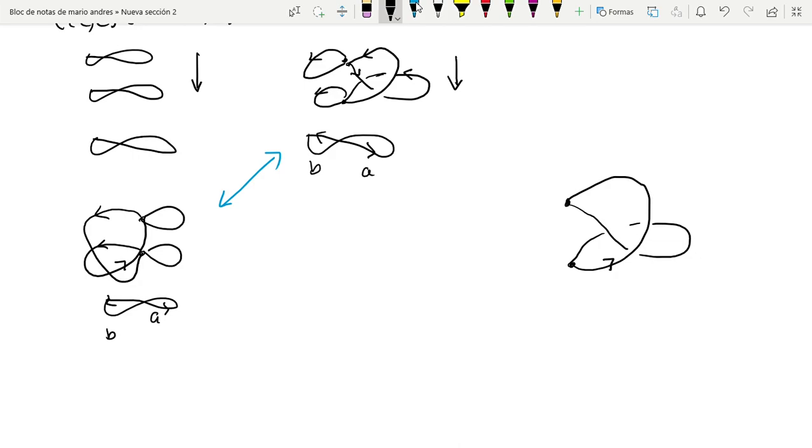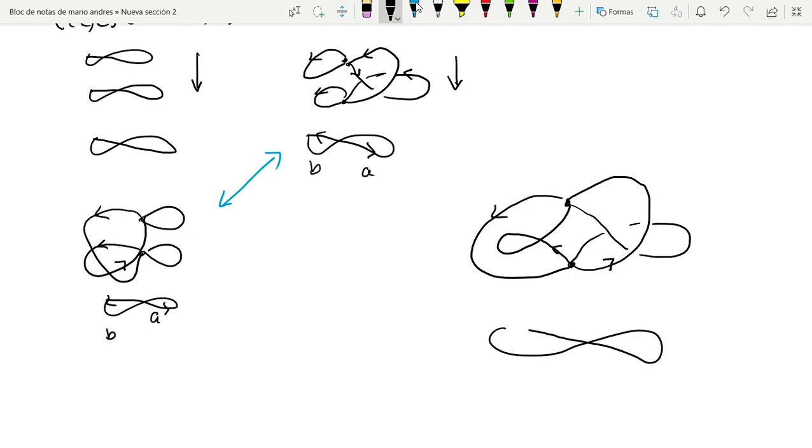And lastly, we go from here down to here, and from here we go up like this, right? So this is our fourth covering.